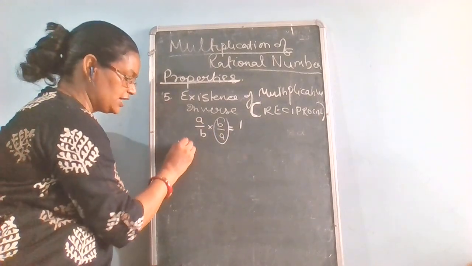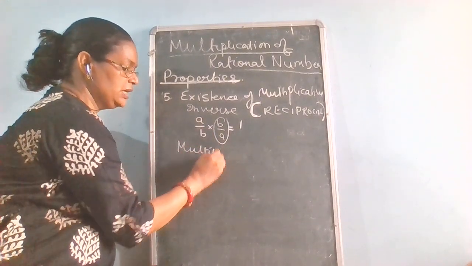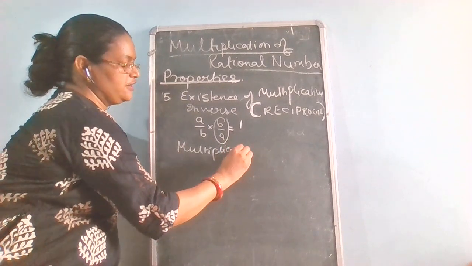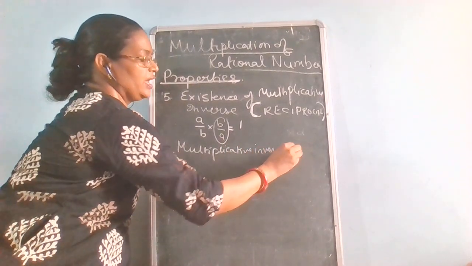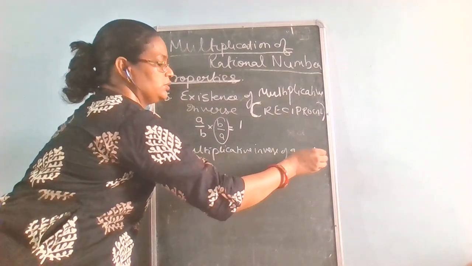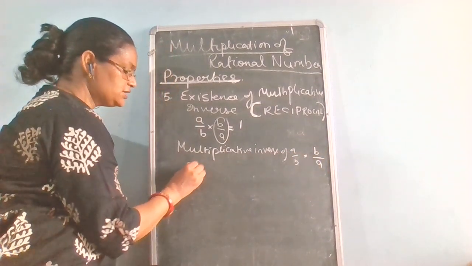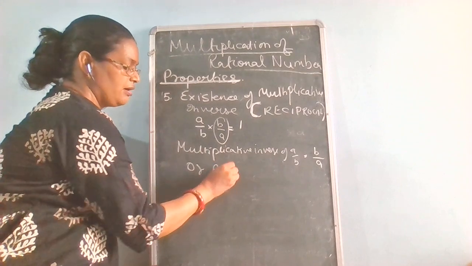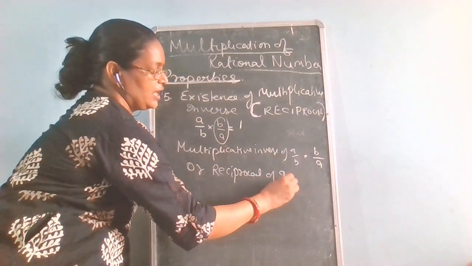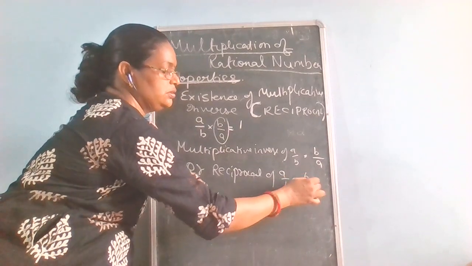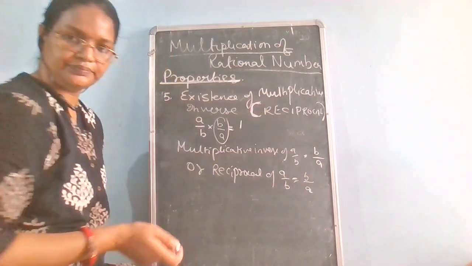So we can write down multiplicative inverse of a by b is equal to b by a, or simply we can write reciprocal of a by b is equal to b by a. Right?